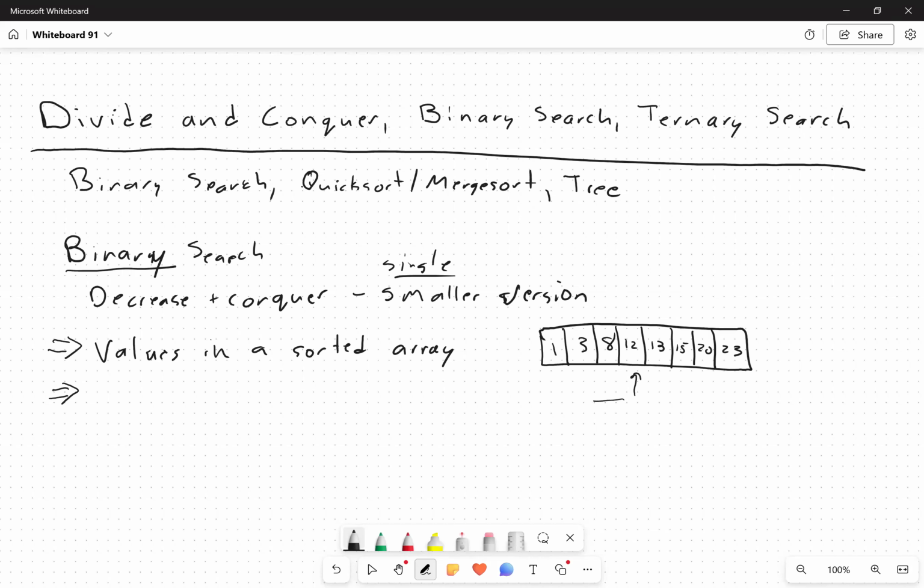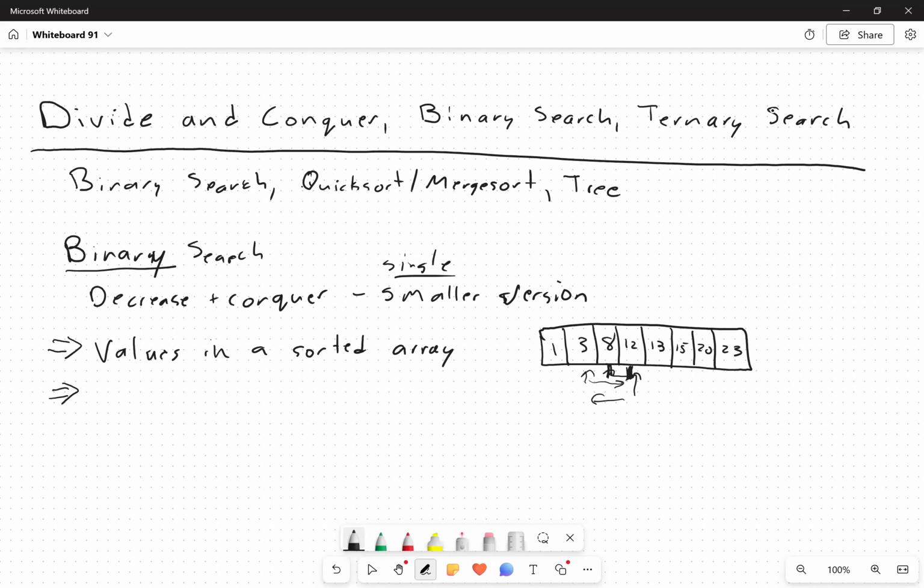It's less, so I would look at the numbers less. Then I'd go to the midpoint there and look at 3. It's greater than 3, so I'm going to look at the remainder of the array that's bigger. I look at 8. It's bigger, and now I've found that it's in between these two. I know it's less than 12 and bigger than 8, and it doesn't exist. So I say the number 9 does not exist in the array.